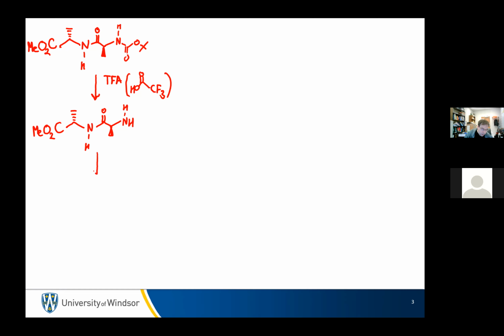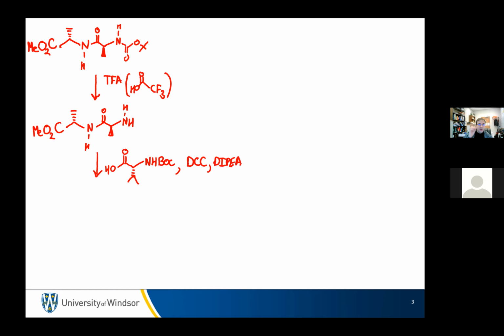Then what we can do is we can treat this with another carboxylic acid, another amino acid, some coupling agent, and the base.